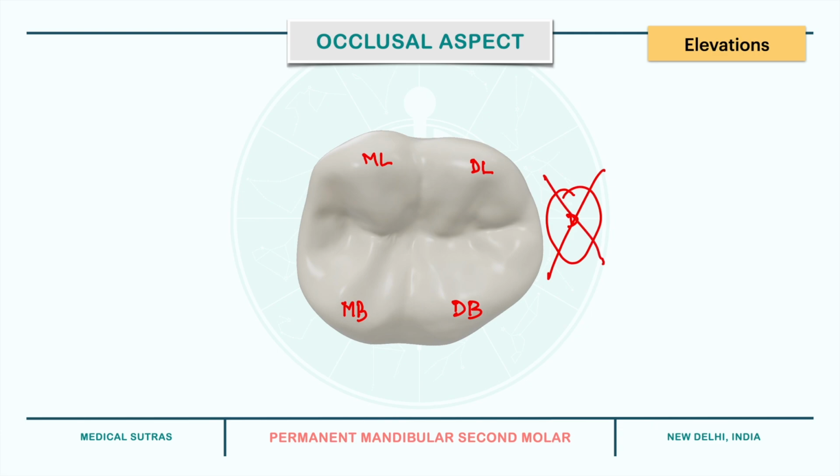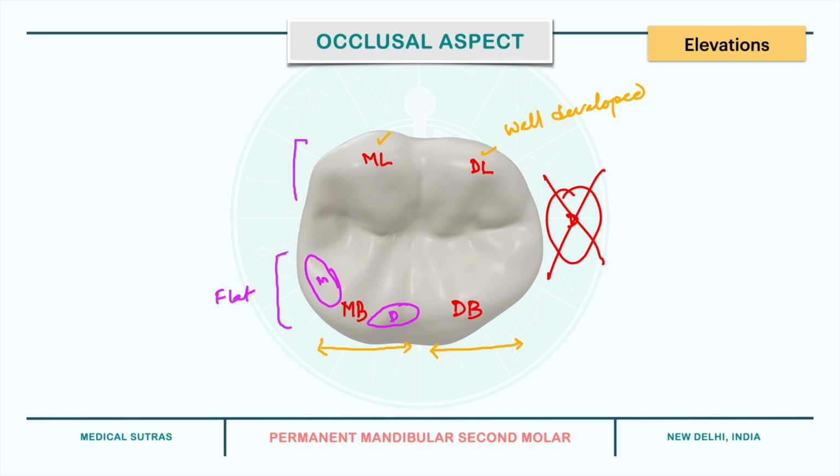The mesiobuccal cusp and the distobuccal cusp are almost equal in size, while the mesiolingual and distolingual cusp are well developed. Then there are mesial cusp ridge and distal cusp ridge on each cusp, and in general, the buccal cusp ridges are flat while the lingual cusp ridges are more well defined.